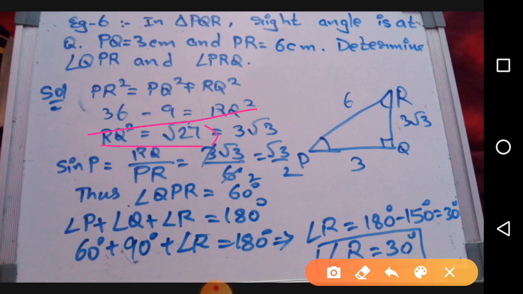Okay, so you can include RQ equals to root over 27, and root 27 is nothing but 9 3s are 27, so root over 9 into root 3, and it is nothing but 3 root 3. So that step I have written directly, due to constraint of the space.